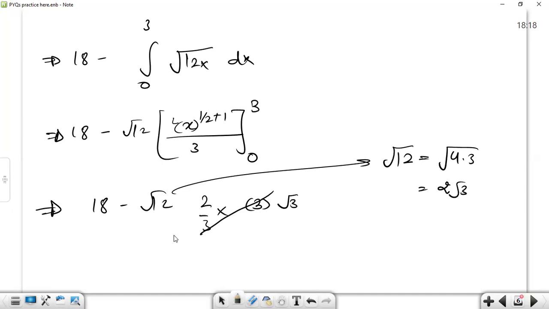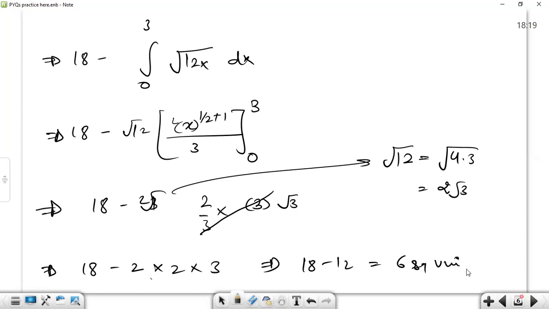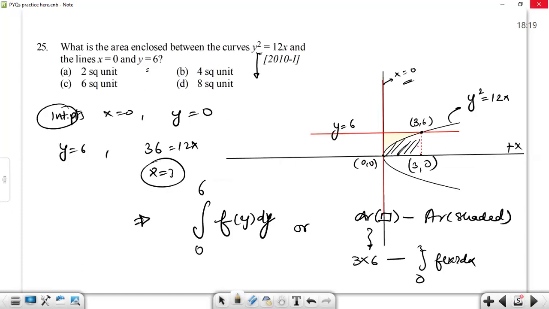So we can represent this as 2 root 3. Now root 3 and root 3 into root 3 will make it 3. So 18 minus 2 into 2 into 3, that is 4 into 3, 12. 18 minus 12, 6 square units should be our answer. Is this matching? Yes, it is matching. Option number C should be our correct answer.